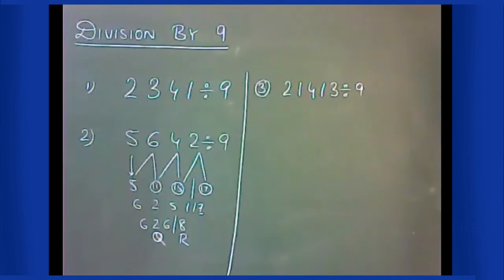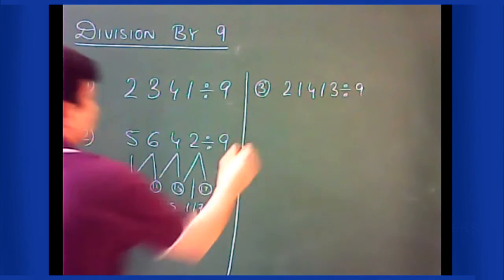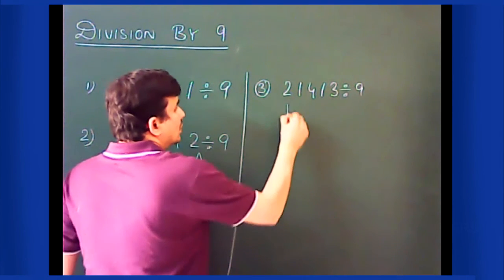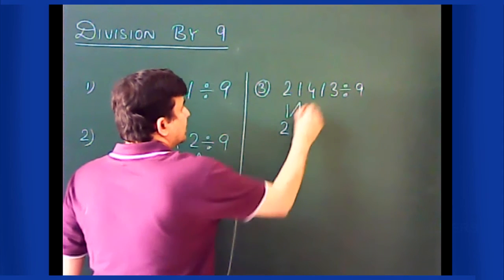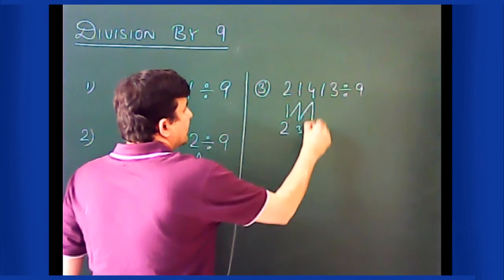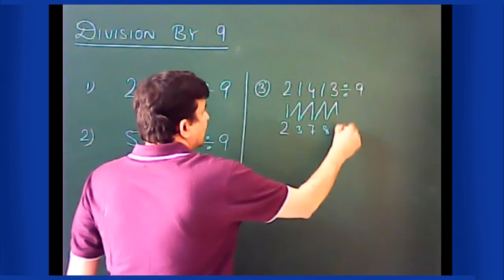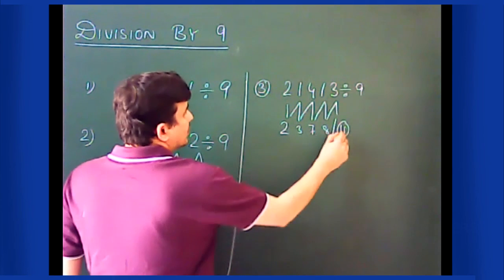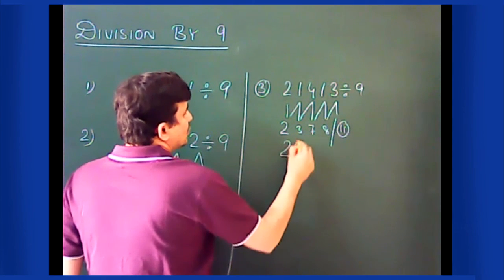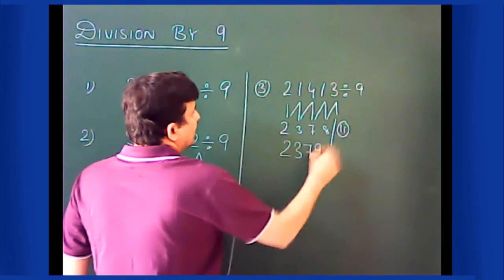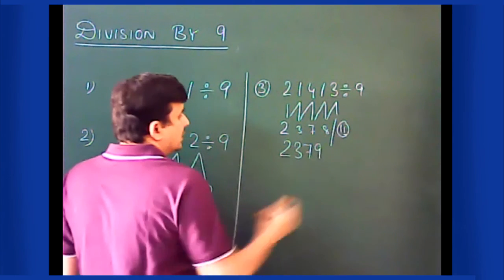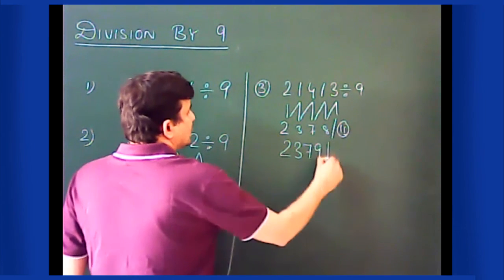Okay, now let me do it on board. This is 2, then 2 plus 1, 3, 3 plus 4, 7, 7 plus 1, 8, 8 plus 3, 11. So this 1 will come this side, this is 2, 3, 7, 9 and the digit at units place will be increased by 1.